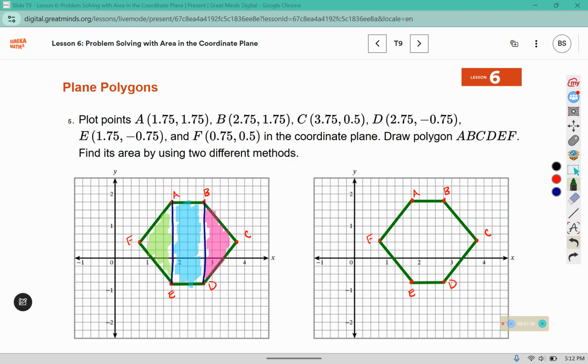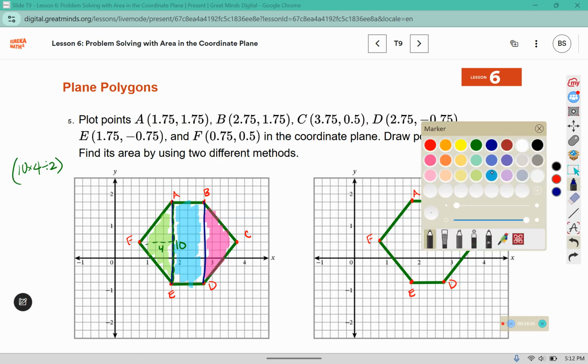With this green triangle, it has a base of 1, 2, 3, 4, 5, 6, 7, 8, 9, 10, and a height of 4. Ten times 4 divided by 2.